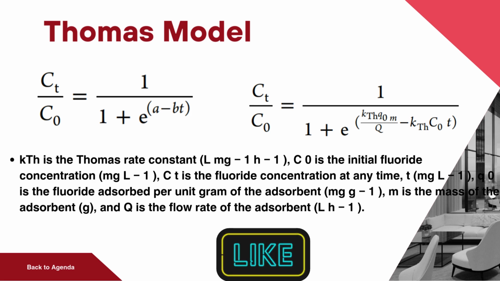So using this function including k, you can easily fit the Thomas model. For example, in this case, A equals Q naught M divided by Q and B equals C naught, where these parameters are explained here.